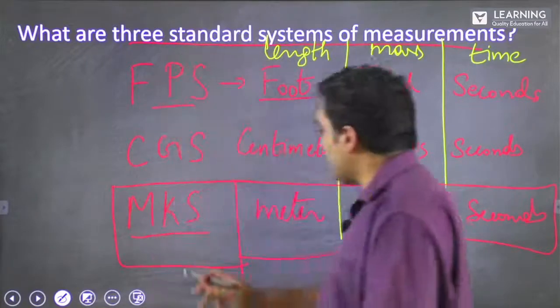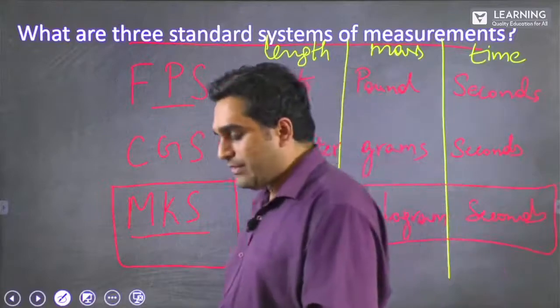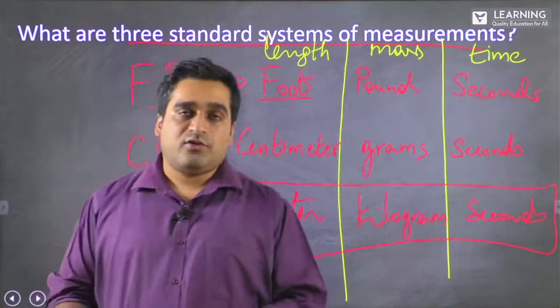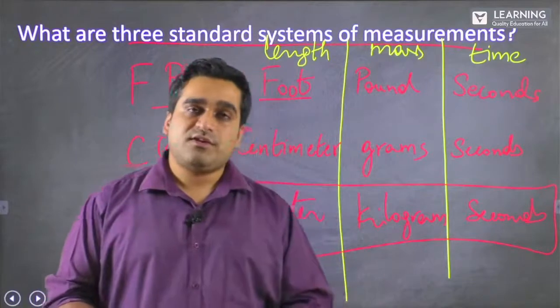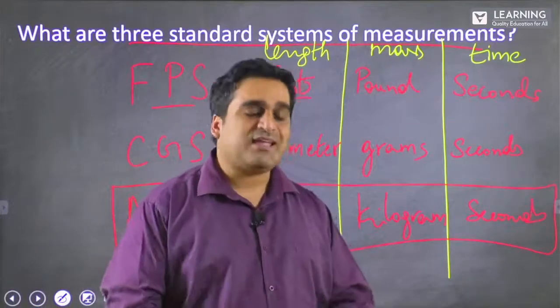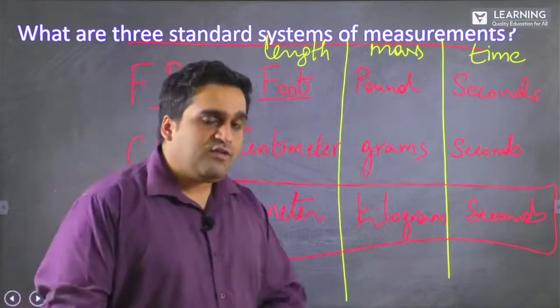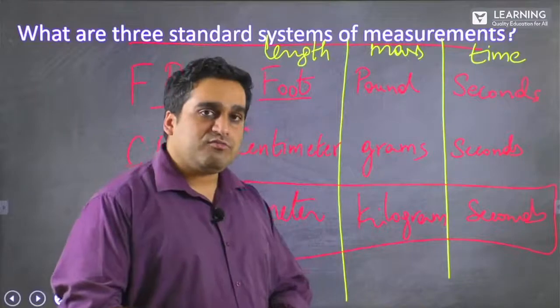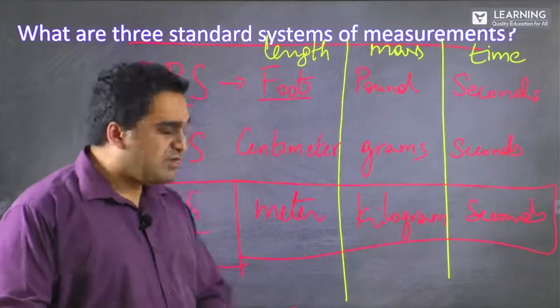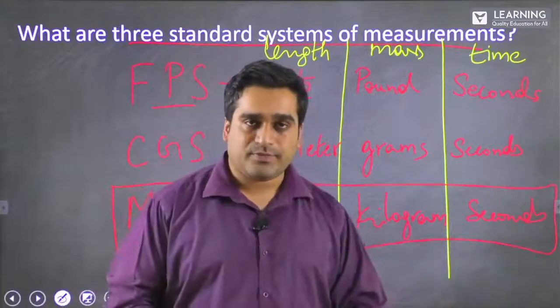So especially when you're studying science or dealing with an application-based problem in mathematics, it is always necessary and important to make note of these units in terms of meter, kilogram, seconds.